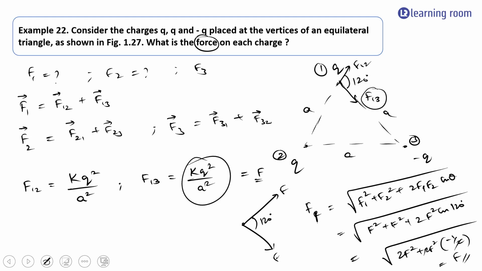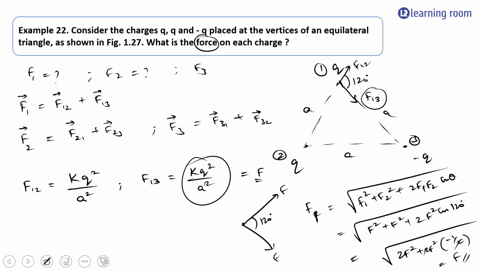Here, if you see F12 and F13, I put a bar on the top of it. I wrote it only as a magnitude. Ram, are you able to understand this? Yes, sir. When you write it as magnitude, you will not take the sign of the charge into consideration because I have already put the arrow marks.